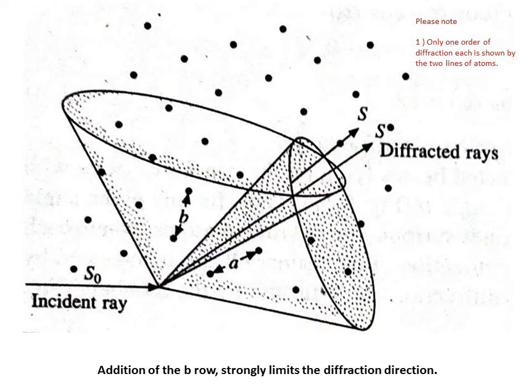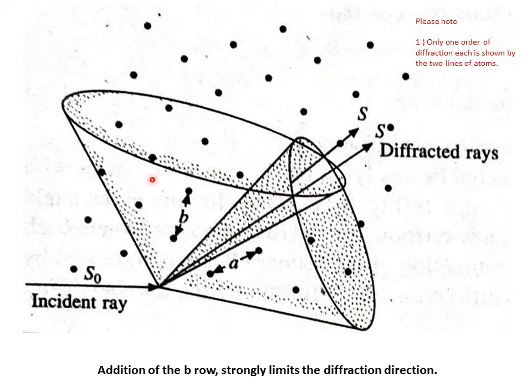For a given S0 direction, all the waves lying on the surface of this cone will make the same angle with respect to this line, which is the line of atoms along the A direction. So all the waves lying on the surface of this cone will indicate the diffraction condition along the A direction.